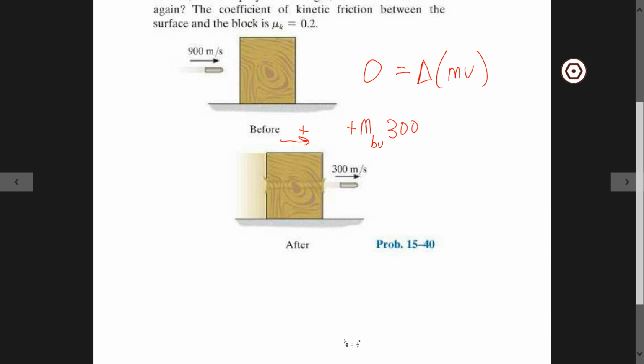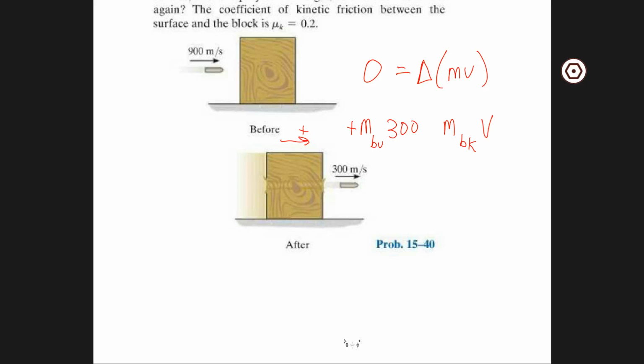How about the block? Does it have some momentum? Probably. How much? It's going to be the mass of the block, m_BK, times the velocity. Do you know what it is? How about we call it V? That's the final velocity of the block. Should I put a plus or a minus here?